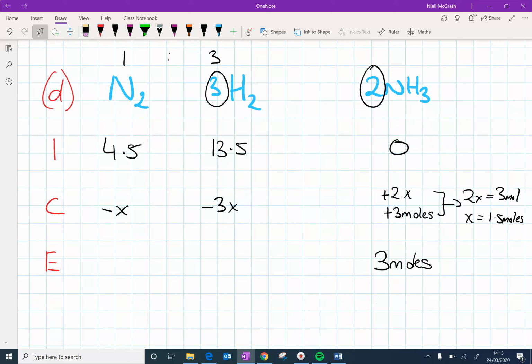Okay, so if we know that x is 1.5, at equilibrium for nitrogen you're going to have 4.5 take away 1.5, so again here you're going to have 3 moles. And here you're going to have 13.5 take away 4.5, so here you're going to have 9 moles.